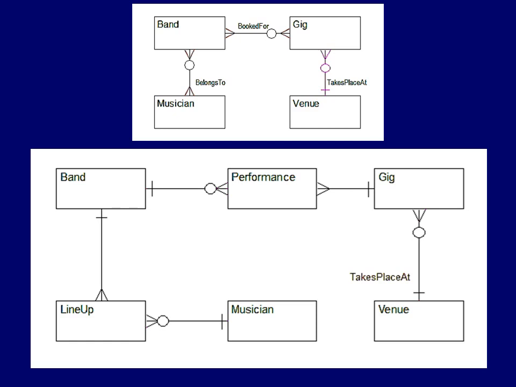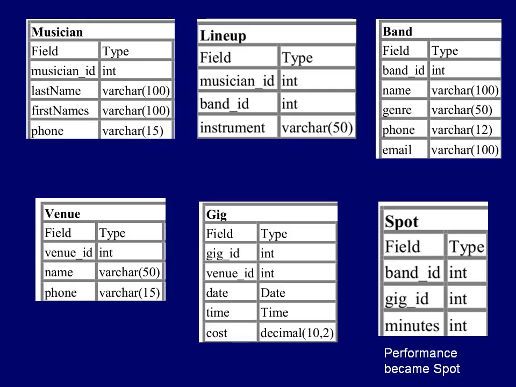And now we've done that, we take this picture and we say from that picture we will make some tables. And we have these tables. And never mind whether it's int or varchar or string or whatever, it all depends on the database. So the second column doesn't matter much. It's the first column that matters. What data do we keep about musician, about lineup? And the important thing to note is that where you've got an intersection entity, that's lineup and spot, you always have the IDs of the surrounding tables.